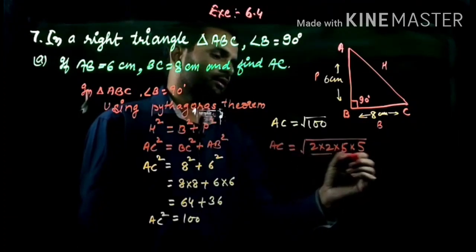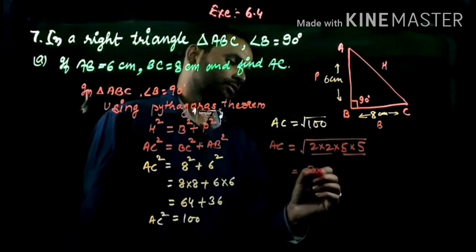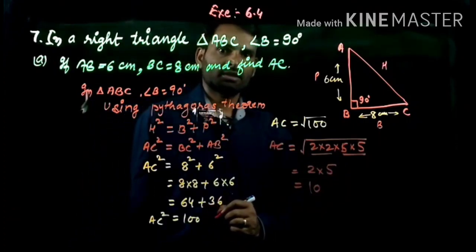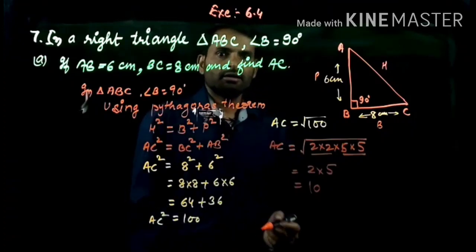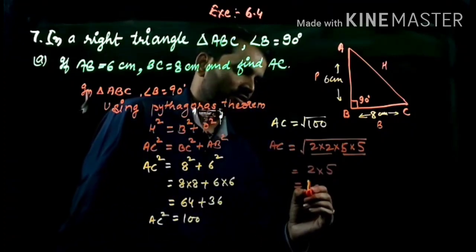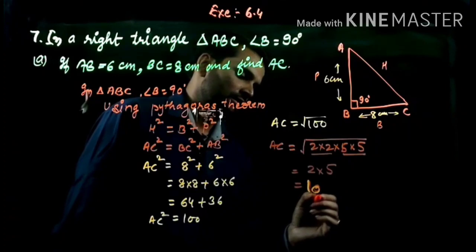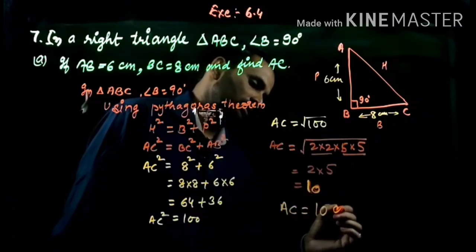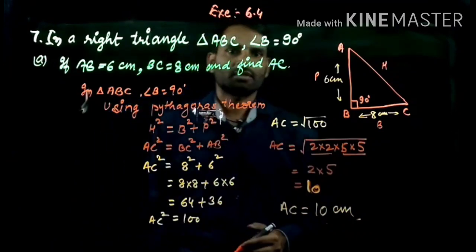So you make pairs and the value of 2 into 5 is equal to 10. This is the value of AC is equal to 10 centimeter.